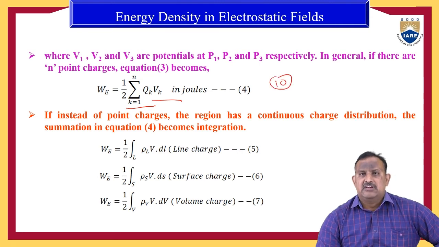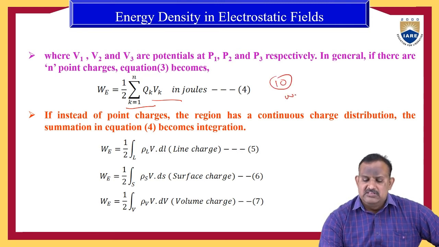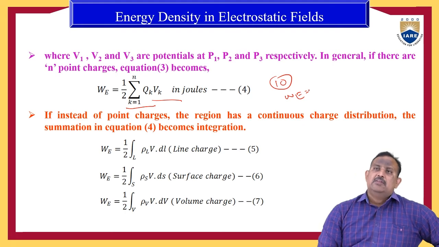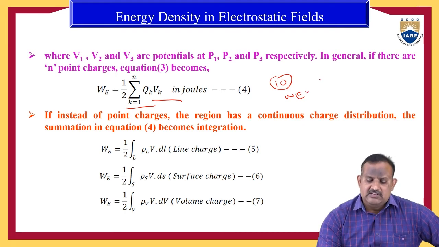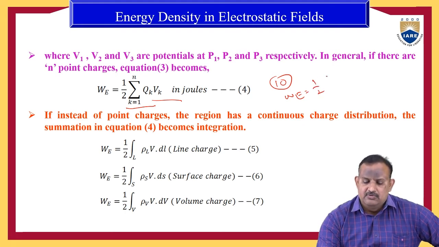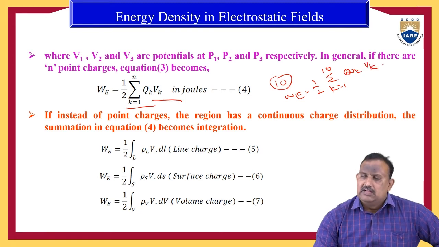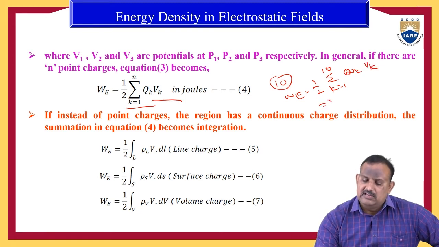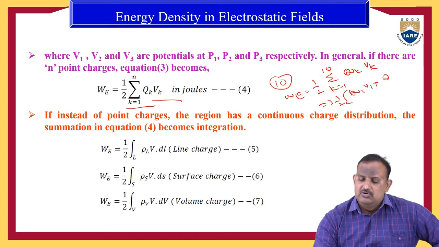Then the total work done required to move 10 point charges is half into the sum for K equals 1 to 10 of QK into VK. We need to add all 10 charges: half into Q1 V1 plus Q2 V2 plus Q3 V3 plus so on up to Q10 into V10.